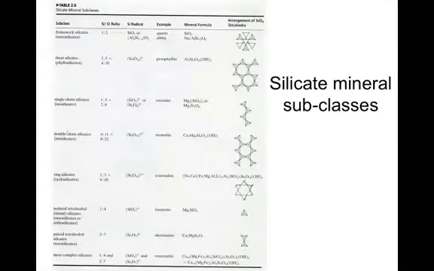Okay, we've learned that the silicate minerals are important and comprise most of the Earth's crust, including both the continental and oceanic crust. And those silicate minerals can be divided into some main silicate subclasses that group the minerals into similar crystallographic structures.